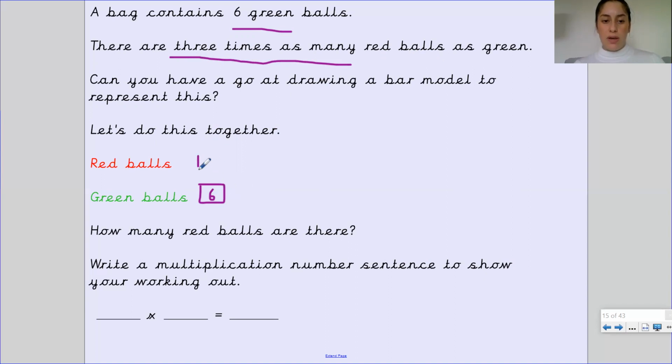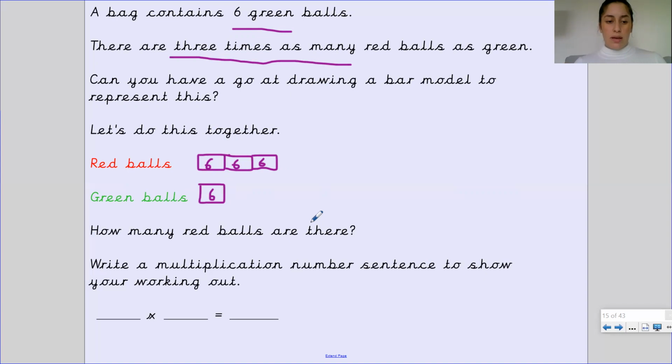So if I repeat the number 6 3 times, that will show me the number of red balls. And I know in each bag there are 6. So here I've drawn a bar model to represent the number of red balls, because I knew that there were 6 balls in each bag.